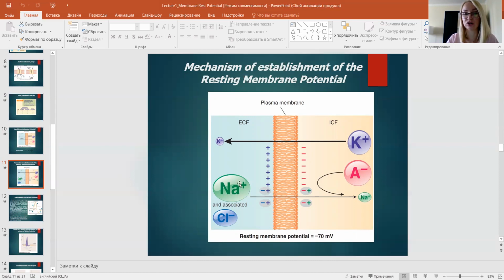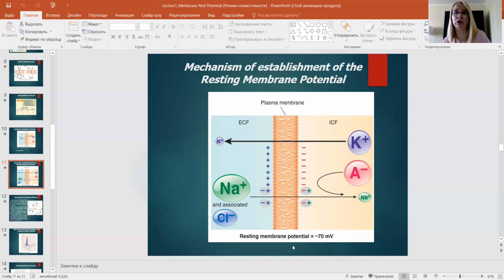Positively charged sodium ions move inside the cells according to the concentration gradient, and it helps to create the resting membrane potential of -70 millivolts. So this is called resting membrane potential.